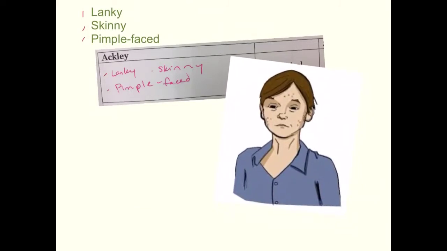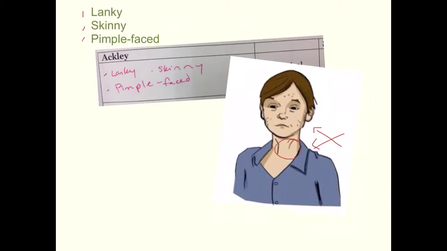When I did a Google search to try and see what Ackley looked like, to try and get a picture in my head, this is what came up. We have a picture of this young guy. He might have some problems on his face there. You can see that he's skinny and lanky because you see his bones sticking out in his throat.